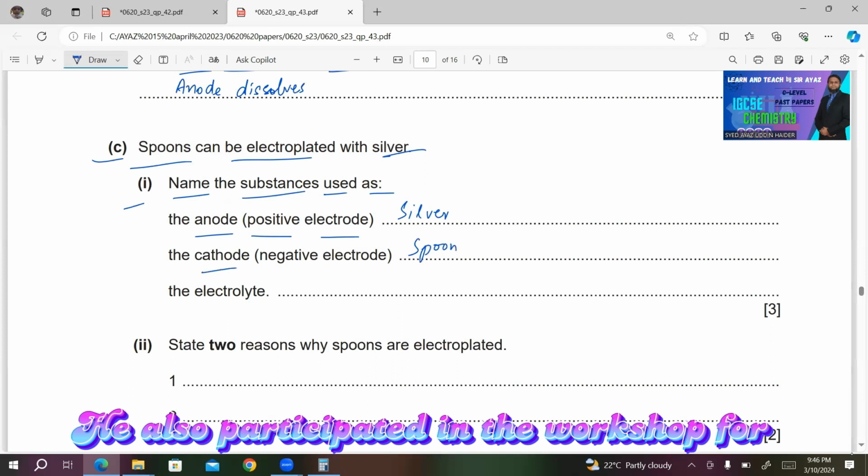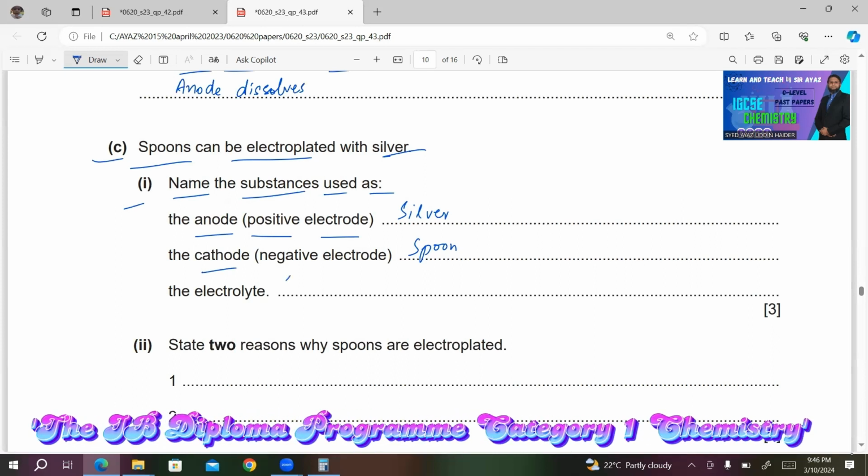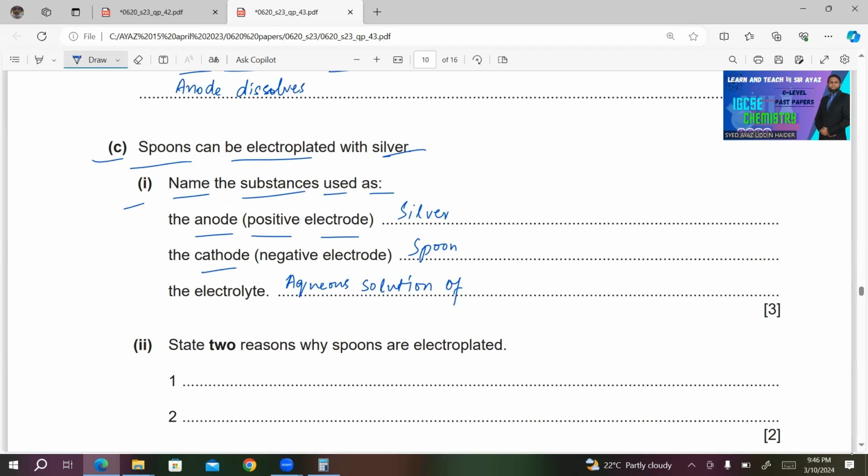What about the electrolyte? You have to take the aqueous solution of silver nitrate or sulfate.